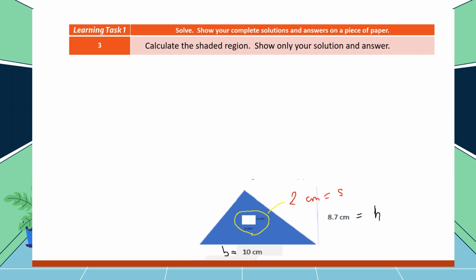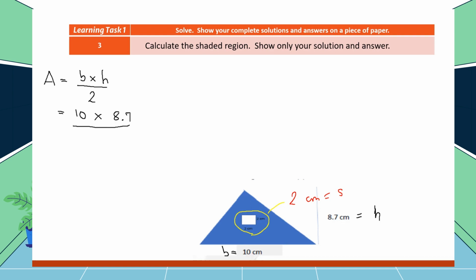So, paano nga ang area ng given triangle? So, sabi natin, ang area of a triangle is equivalent to base times height, okay, divided by 2. So, sa given, ang given base natin ay 10 centimeters multiplied by the given height, 8.7.